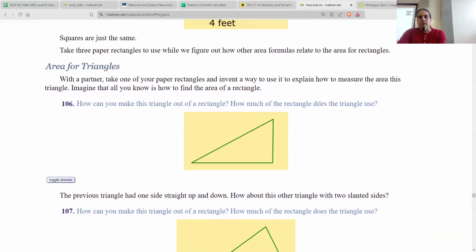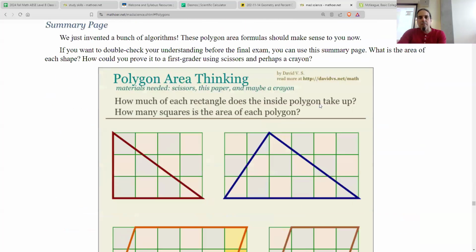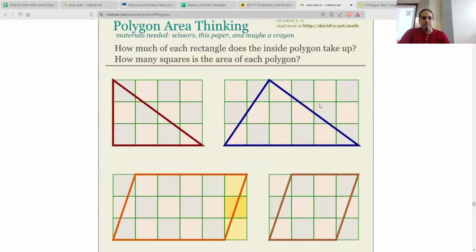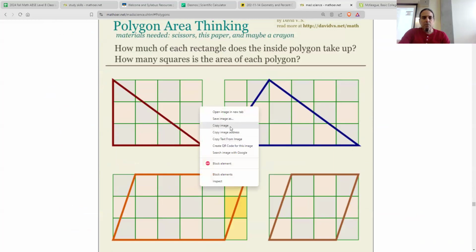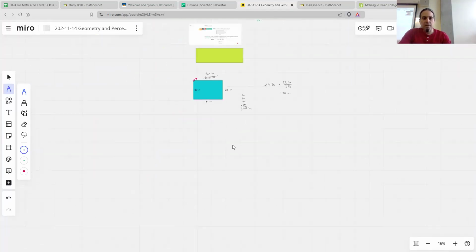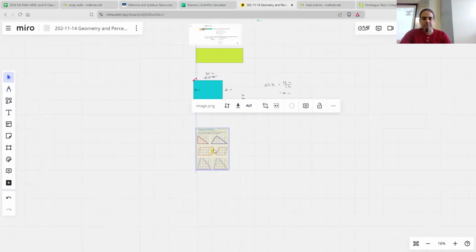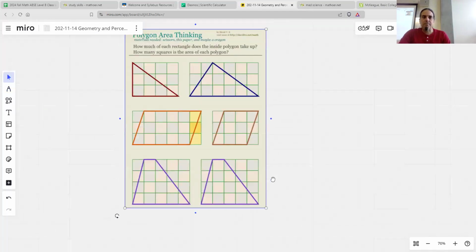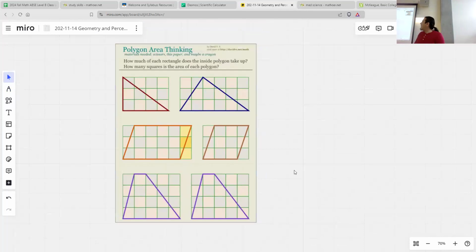And we did area of polygons last time, but this is a great one to do. So while it's here, on Tuesday, we talked about why triangles take up half the space of the rectangle that surrounds them.